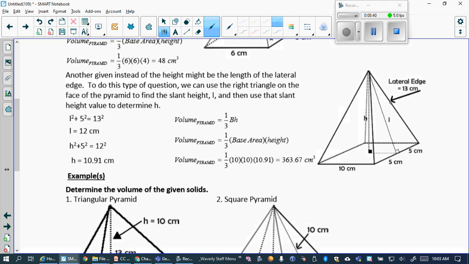Get the slant height using what? Well, with this triangle over here. That's a right triangle, is it not? So that's 13, that's 5. Isn't that the triple? It's a 5, 12, 13. So the slant height is 12.